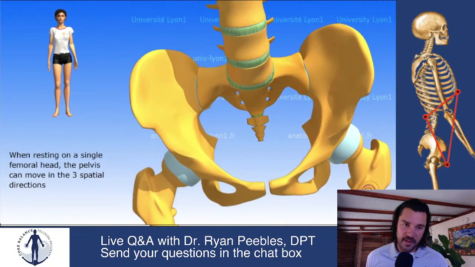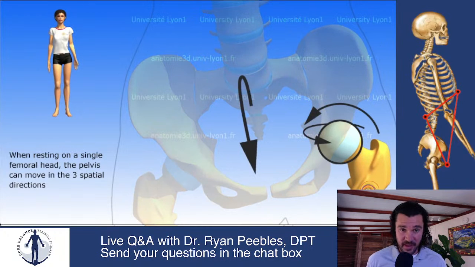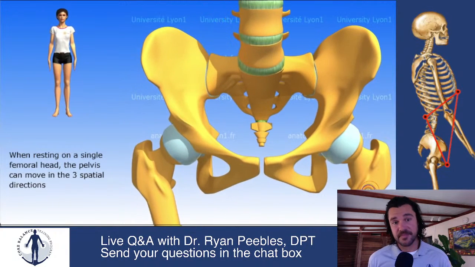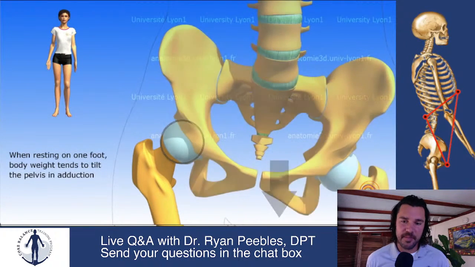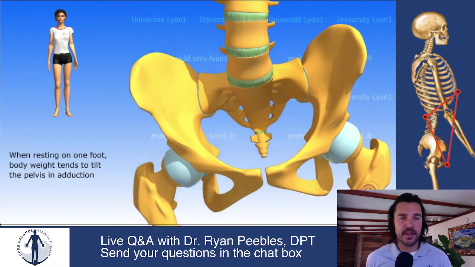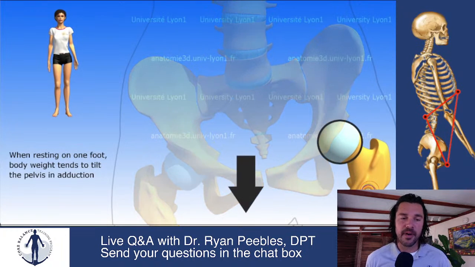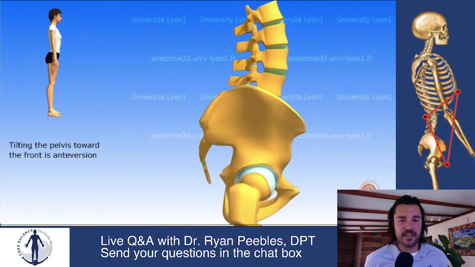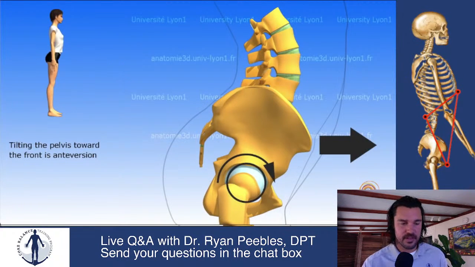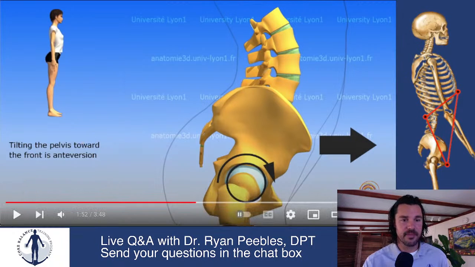People often come to me thinking they have a leg length discrepancy because their pelvis is tilted to one side. That could be true, or it could be a number of other factors. Anteversion and retroversion are other words to describe anterior tilt and posterior tilt.